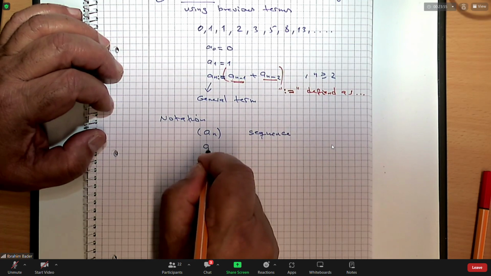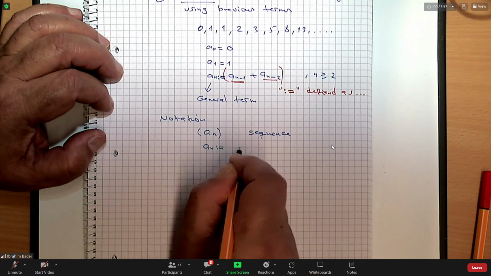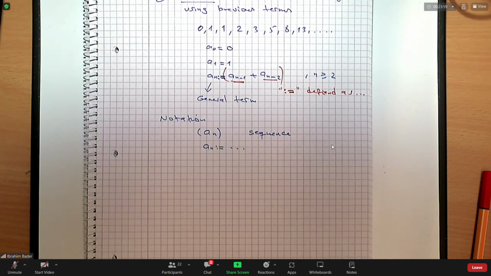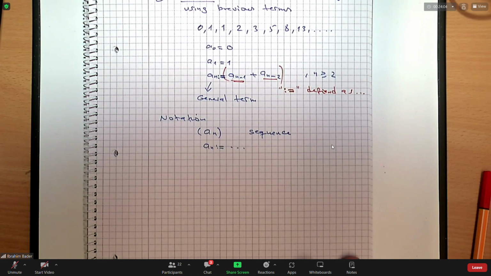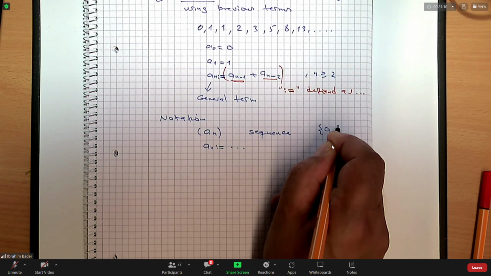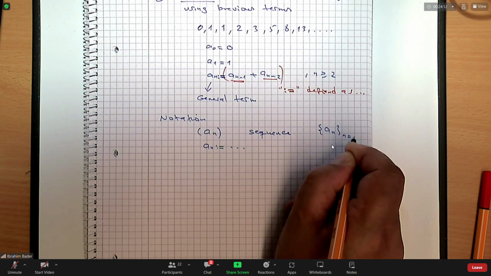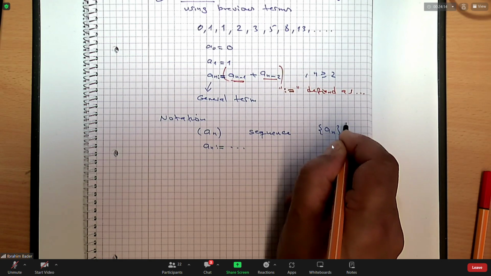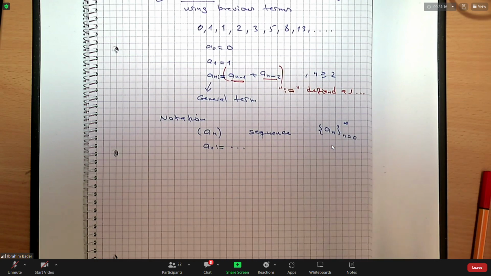And (a_n) will be given as a formula, whether explicit or recursive. Now, in some literature, you might see it written with curly parentheses and n equals 0 to infinity or something.